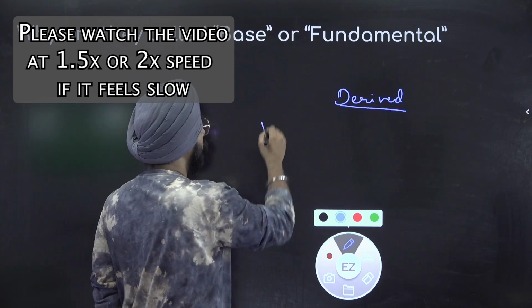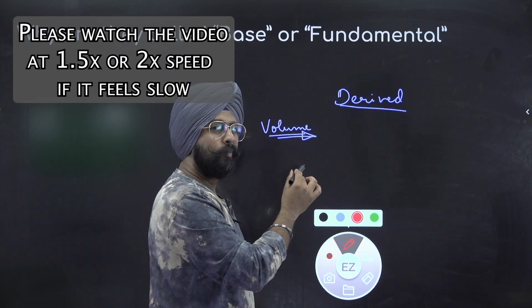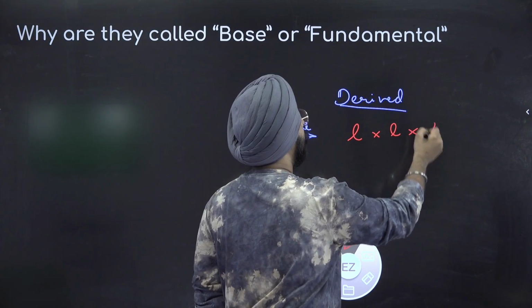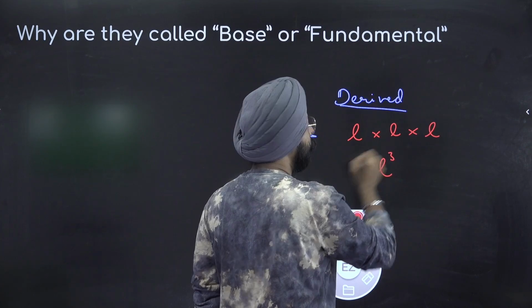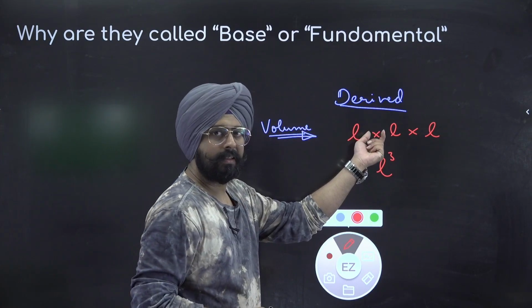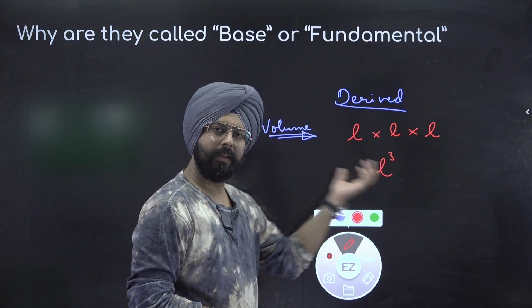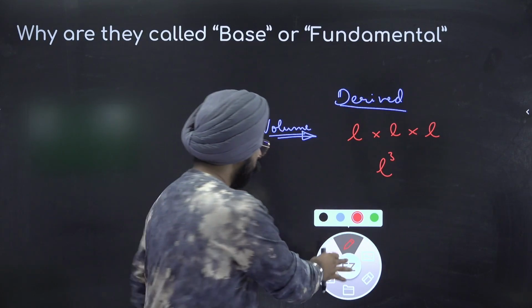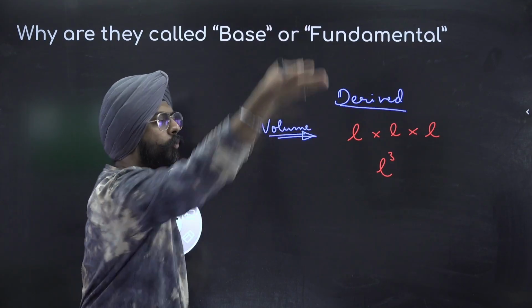For example, volume. Volume can basically be thought of as length into length into length or length cube. So we've taken the fundamental quantity length 3 times, multiplied it, and that gives me volume in terms of the unit. Okay, so the unit of volume will be length cubed.